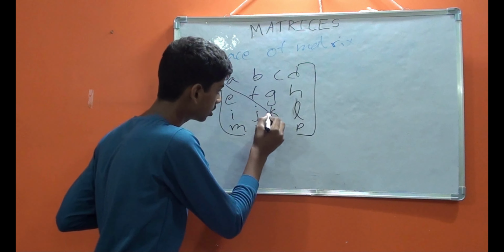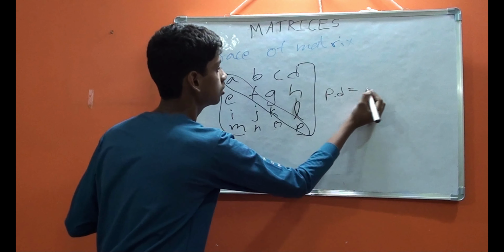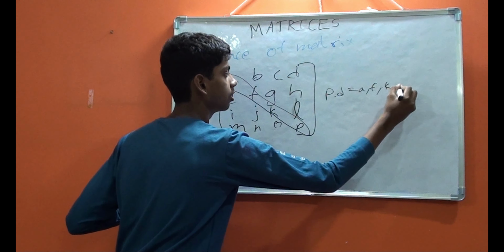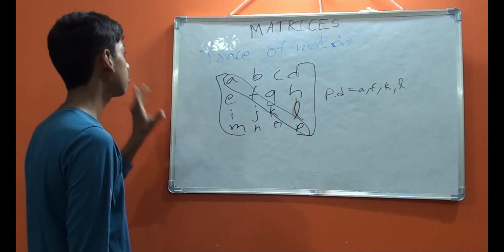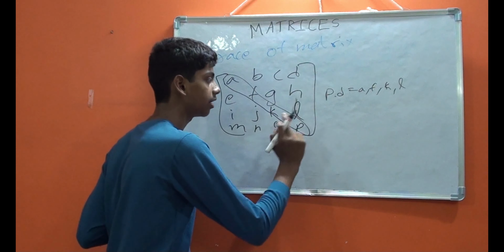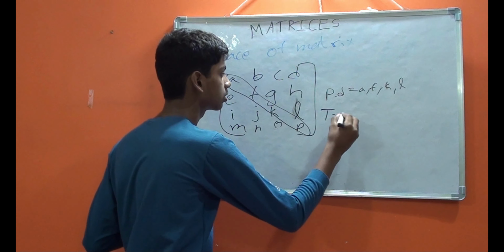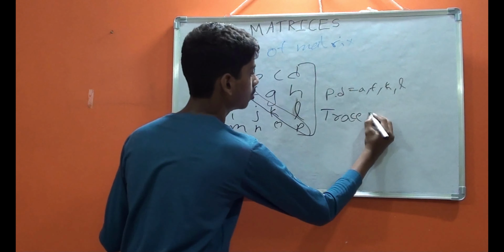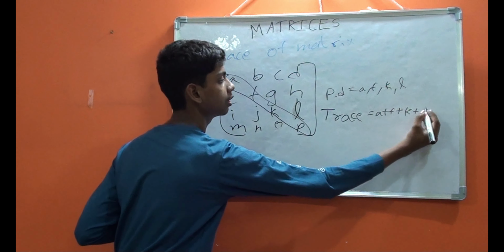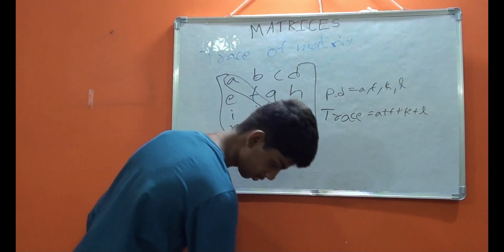The principal diagonal equals A, comma F, comma K, comma L. Then we have to add all the elements in the principal diagonal. So trace equals A plus F plus K plus L. This is the trace of a matrix.